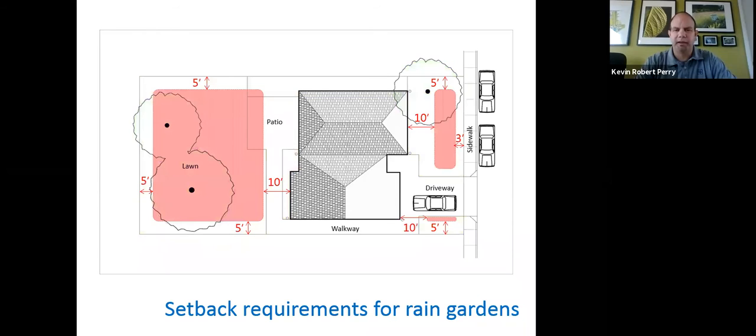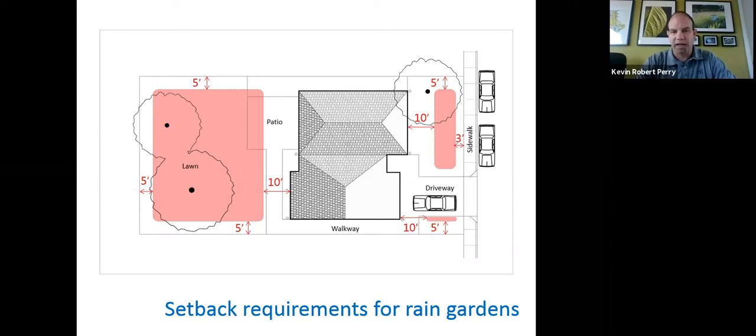When you're looking at the specific setback requirements for rain gardens, first and foremost, notice that the rain garden doesn't want to be any closer than 10 feet from the building. You can see these red zones, which are the available space for the rain garden, offset from the building foundation by 10 feet. Likewise, there's a 5-foot perimeter setback from any of the property lines, as well as a 3-foot setback from public sidewalks.